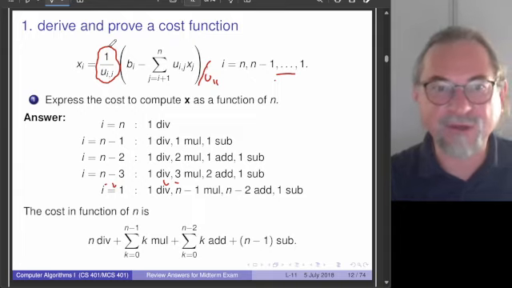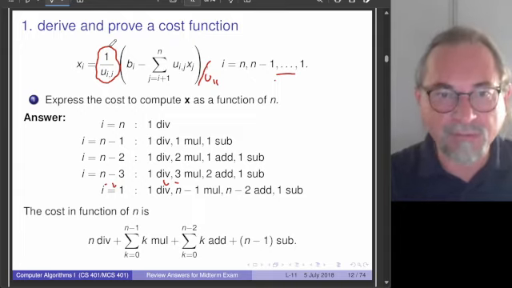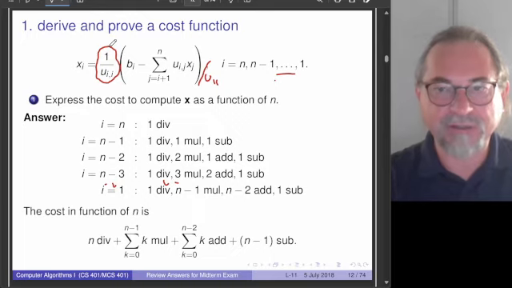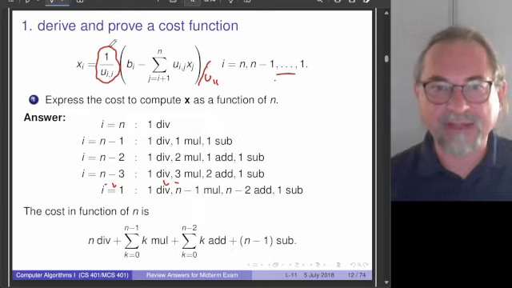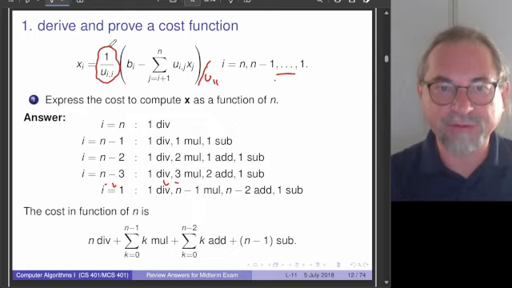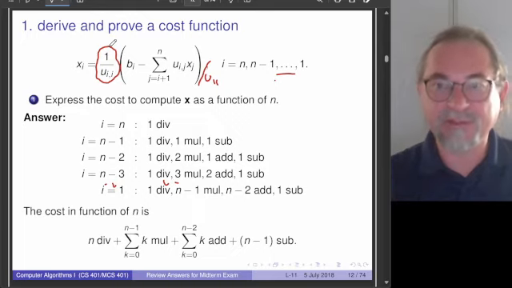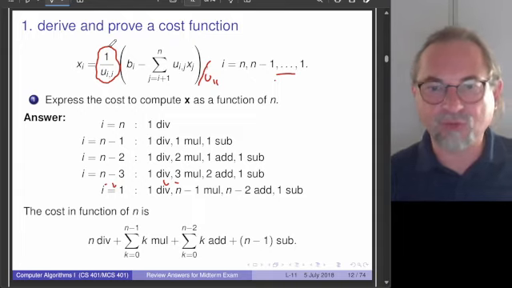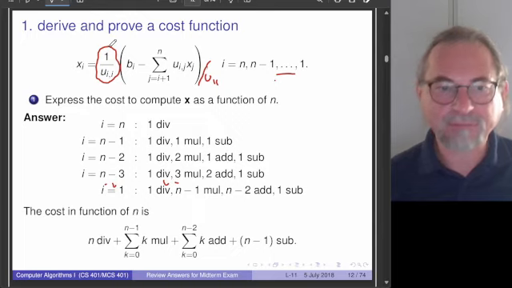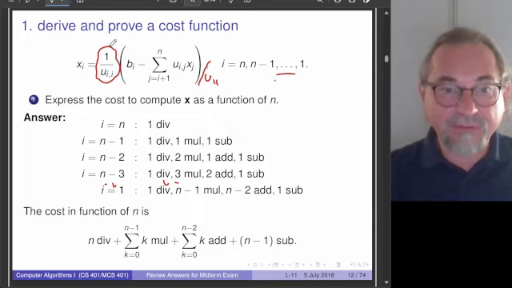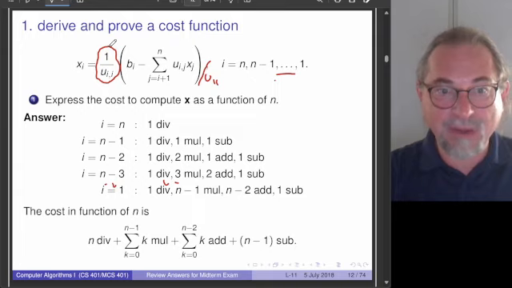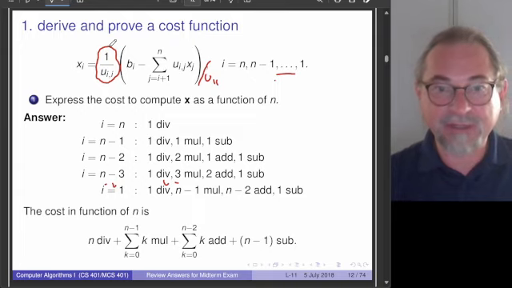It's linear, very good. But then observe that the number of multiplications starts in the next to last element. We have one subtraction each step, and the subtraction count remains constant, so we have n minus 1 subtractions. We have an increasing number of multiplications and an increasing number of additions.